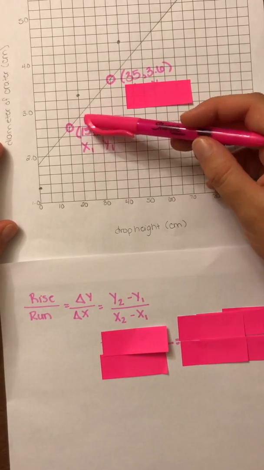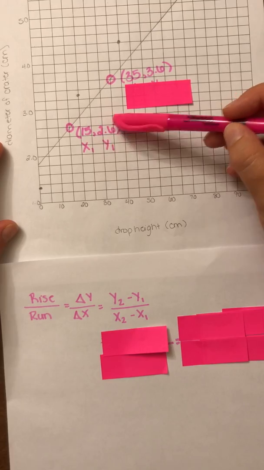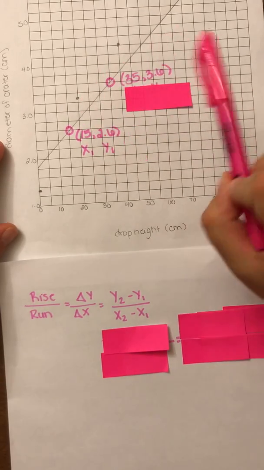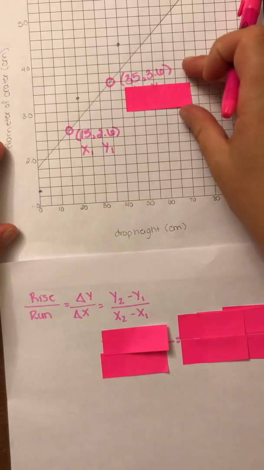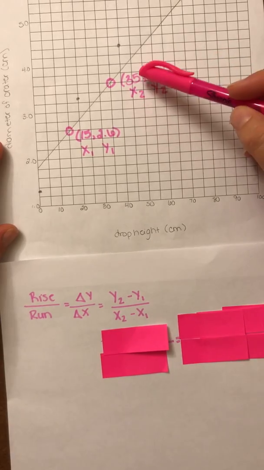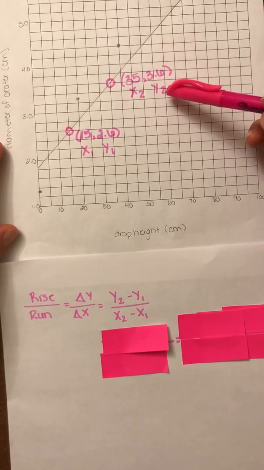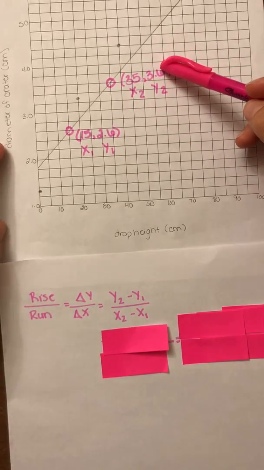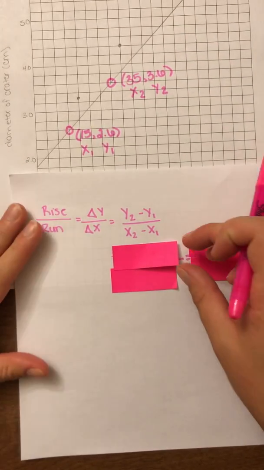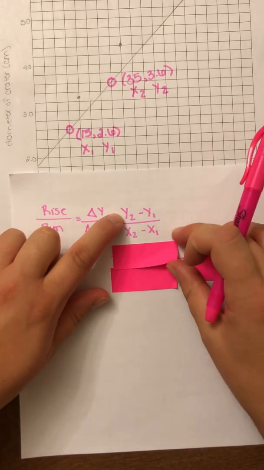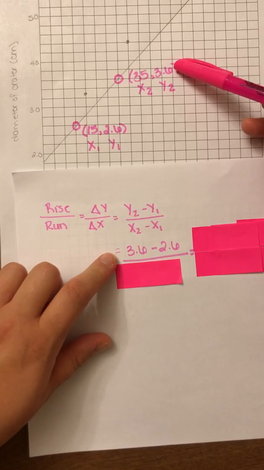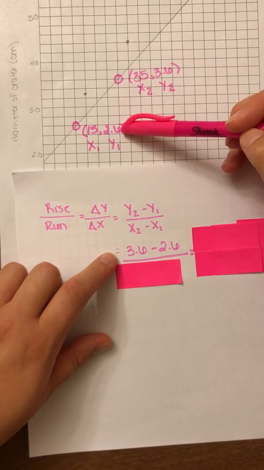So that means 15 would be x1, 2.6 would be y1. Since this data point's over on the right, those would be my 2's. x2 would be 35, y2 would be 3.6. Now that we know our 1's and 2's, we can plug them in. y2 minus y1, so 3.6 minus 2.6.